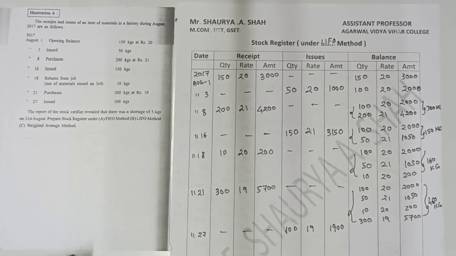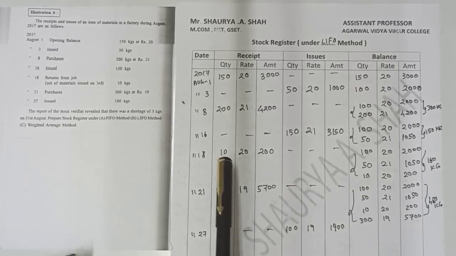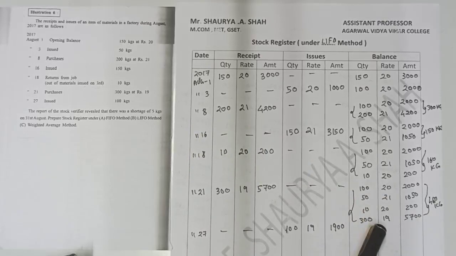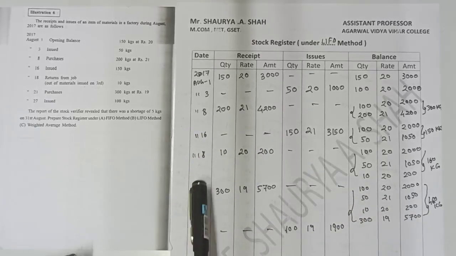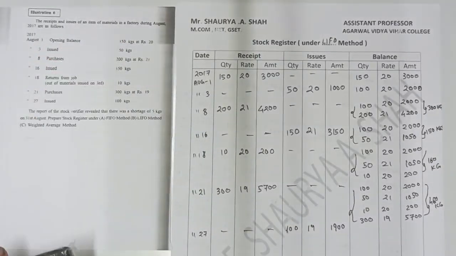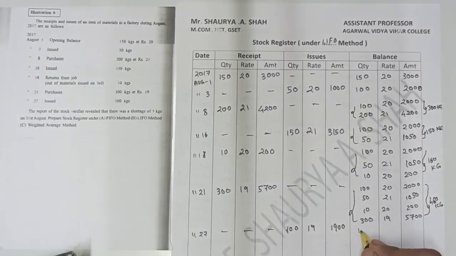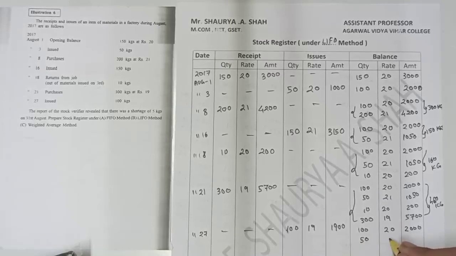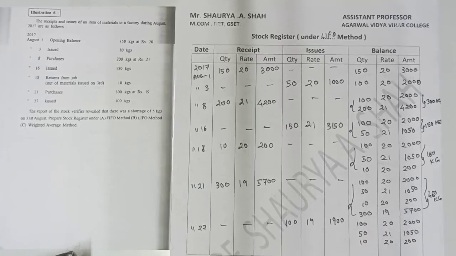Fine. So now what my closing stock comprises of is 100, 50, 10 and 300, right? So that will give me particularly the same thing. I'll write down 100 into 20 into 2000, 50 into 21 into 1050, 10 into 20 into 200, and from this 300 I have given 100 already, right?